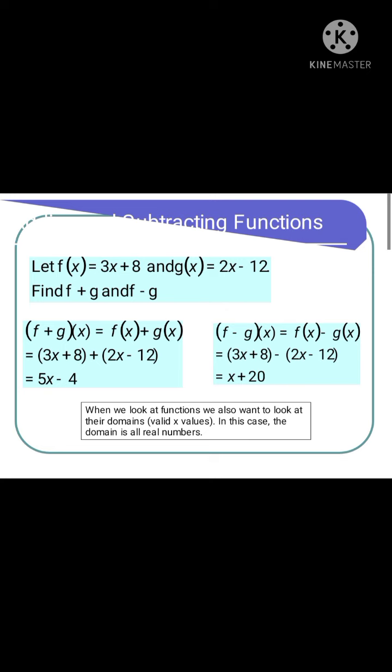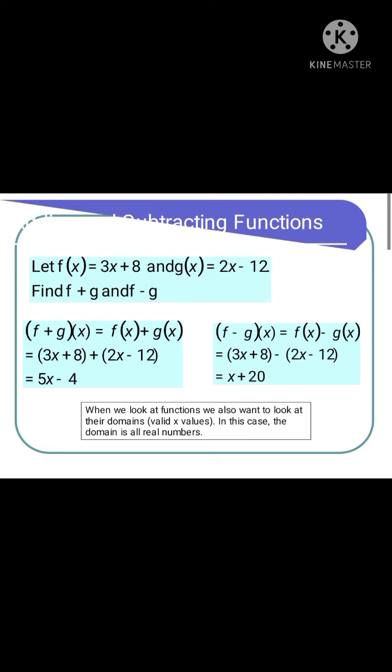The next thing is to combine like terms: 3x plus 2x plus 8 minus 12. 3x plus 2x is equal to 5x, and 8 minus 12 is equal to negative 4. So we have the answer: f plus g of x is equal to 5x minus 4.